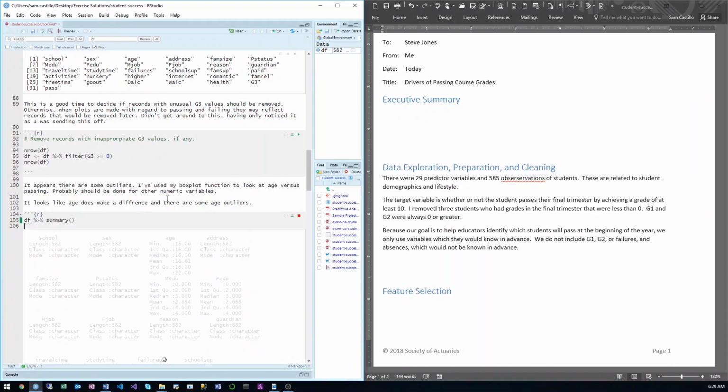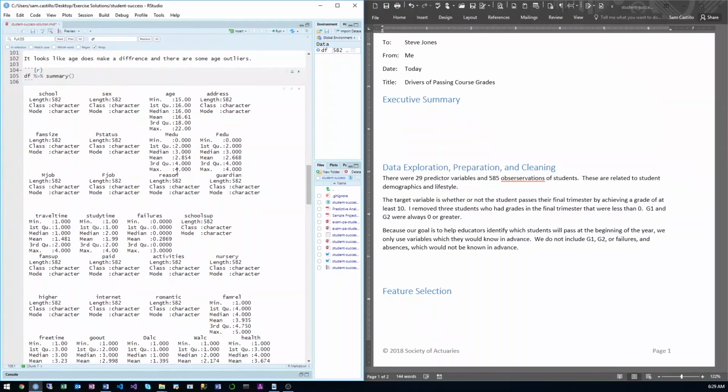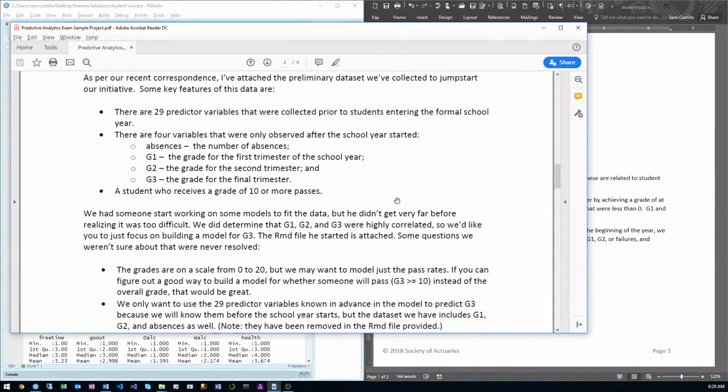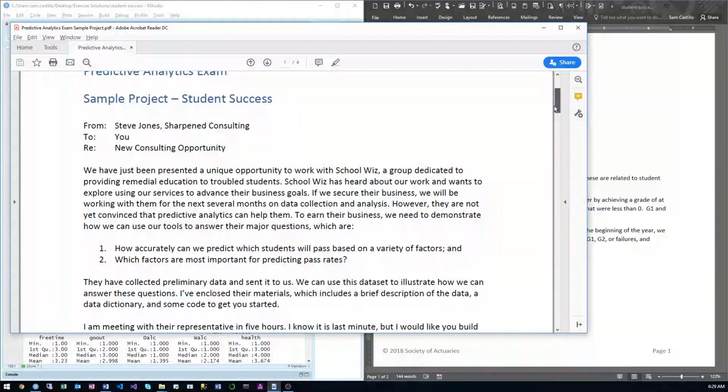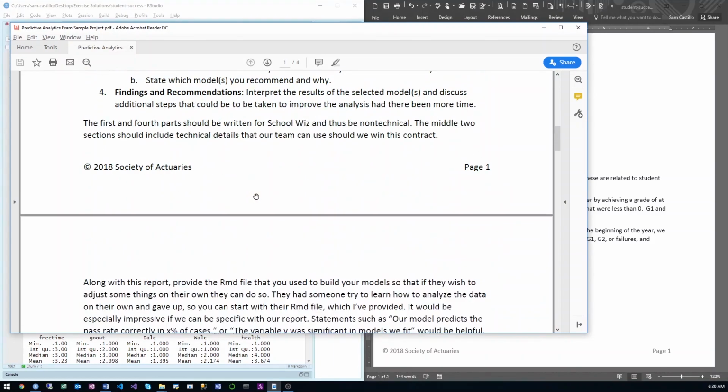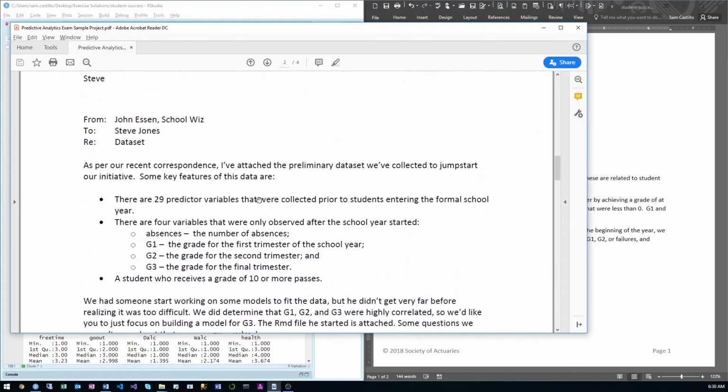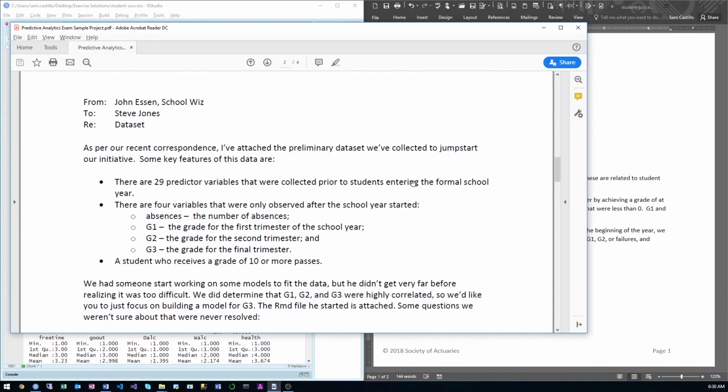Let's look again at the values. Age goes from 15 to 22. That's reasonable. What is the age of these students? So School Whiz is a group dedicated to providing remedial education to troubled students. These are high school students, right? It just says there are 29 predictive variables collected prior to the student entering the formal school year.